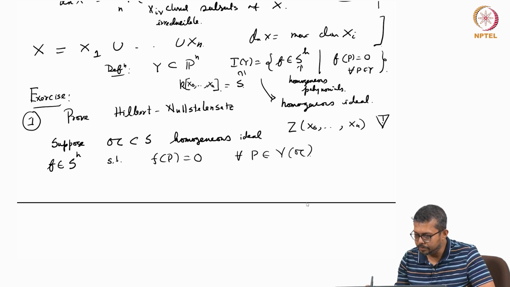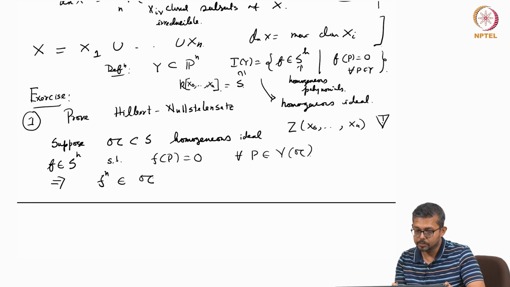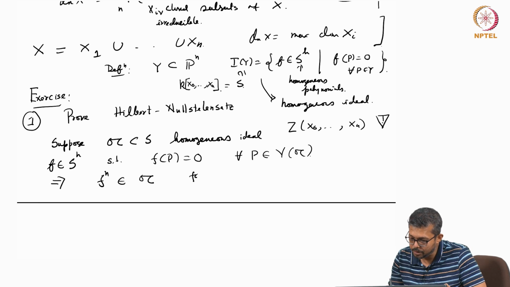So this will imply, what does the Hilbert Nullstellensatz say, that f to the power n belongs to the ideal A for some n.